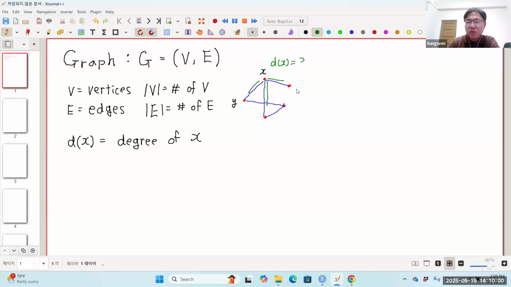So d(X) is equal to 3. And for d(Y), here's 1 and here's 2, so there are 2 edges.